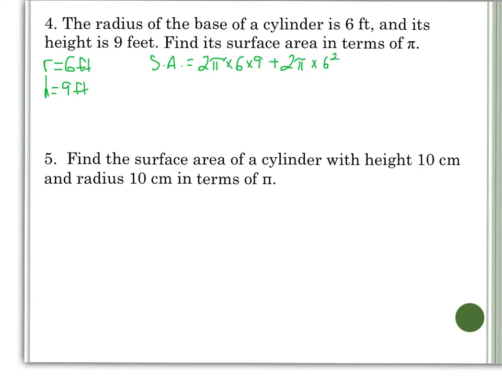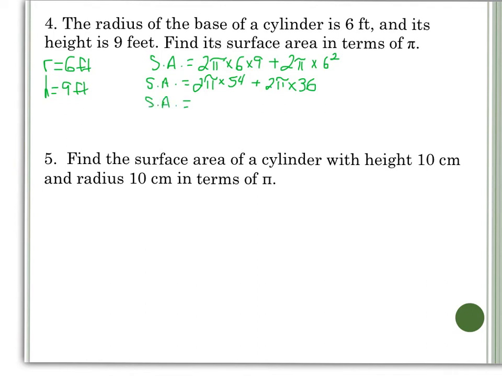All right, then we simplify. So we have 2 pi times 54 plus 2 pi times 36. Okay, and then simplify again.